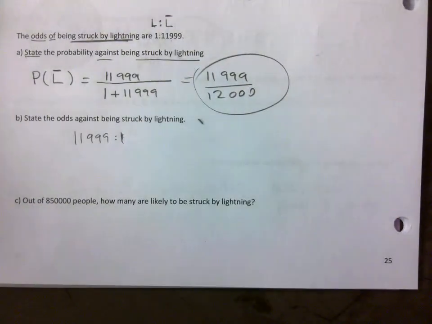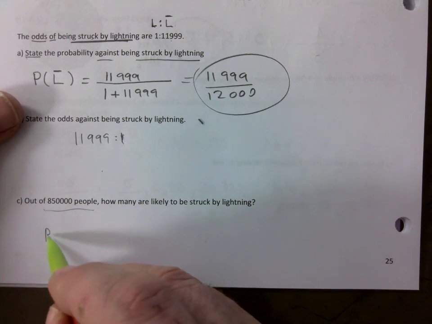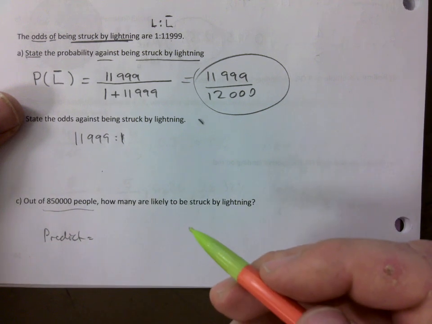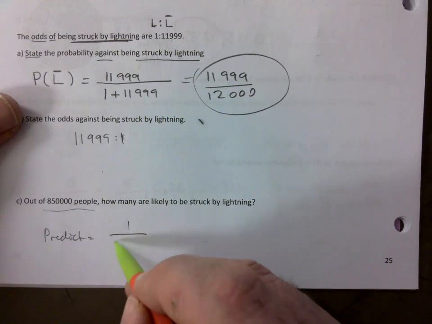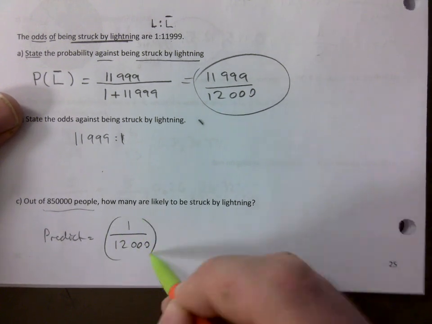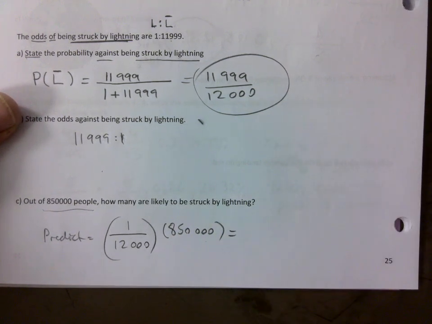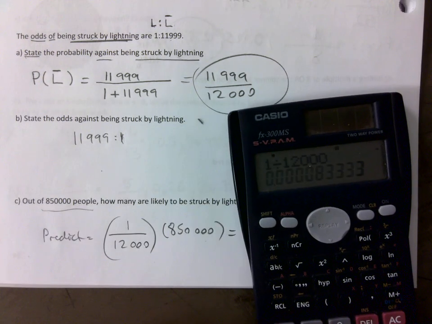Out of 850,000 people, how many are likely to be struck by lightning? That's a prediction. You're talking about a really large number, right? So prediction, I'm just going to grab the probability of being struck by lightning. It's 1 over 12,000, correct. If you caught that, that's all you need to do there. So that's the probability, which is very small.